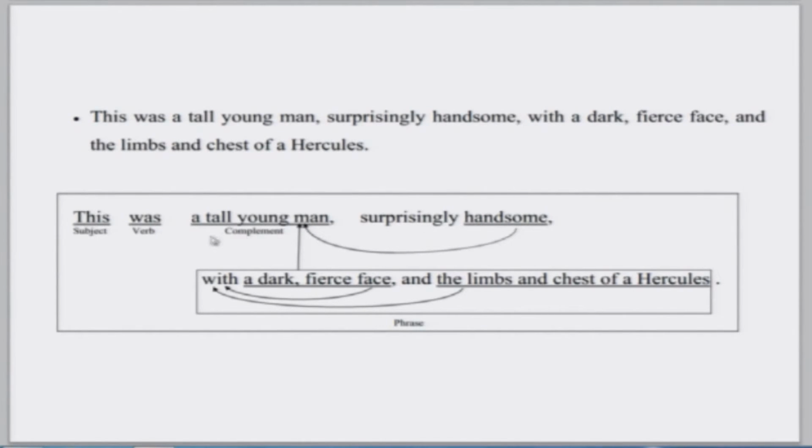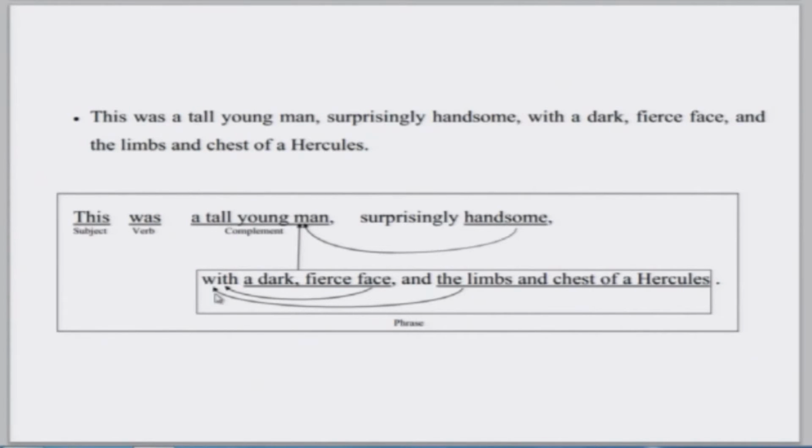So, the main sentence is this was a man. And man, tall young man. What kind? Surprisingly handsome. Something more in the description of that man is this phrase with a few things. What are those things? A face, the limbs and chest. The limbs and chest of a Hercules. This of a Hercules itself is, for that matter, a phrase. And with a dark fierce face and this.